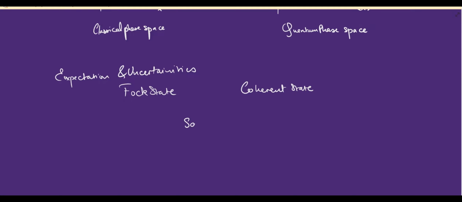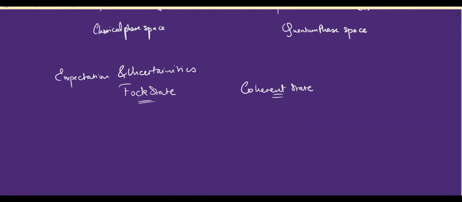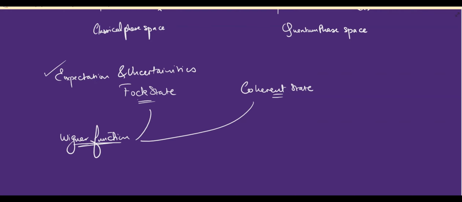In the later parts of the videos of this series, we will look at how the squeezed state can be represented on the quantum phase space. But for now, we will just focus on these two. So first we will calculate the expectation and uncertainties in general, and then in the next video look at how the Wigner functions for these two types of states look like and their mathematical expression. So let's start with calculations of the expectations and uncertainty of the coherent state.